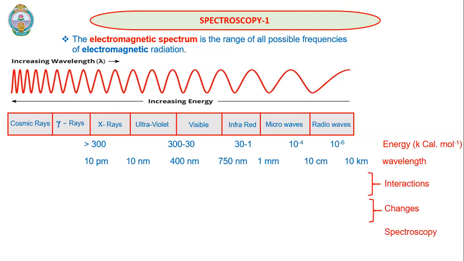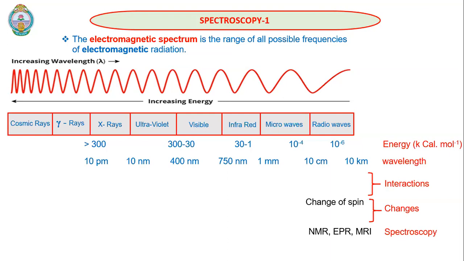Now we will see how these radiations will interact with a sample. When radio waves are allowed to pass onto a sample, because of their low energy, they will only change the spin of the system. They don't cause much change in the sample. So radio waves are generally used for resonance spectroscopic techniques.